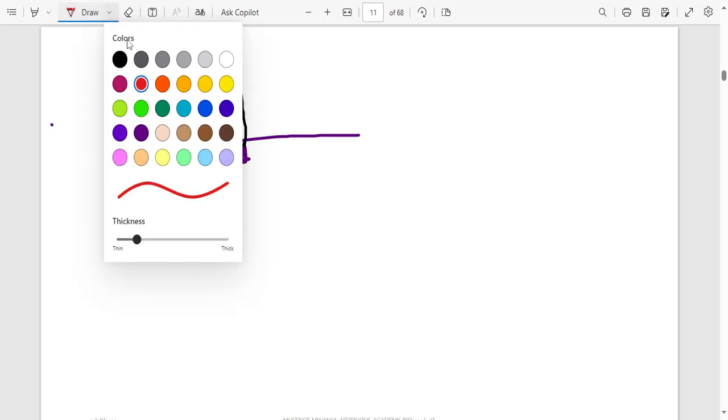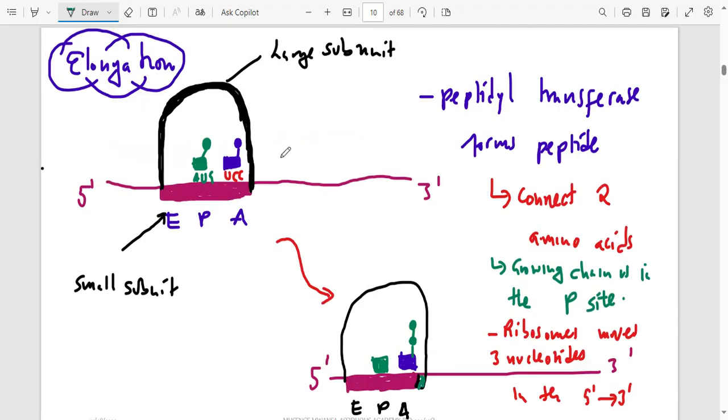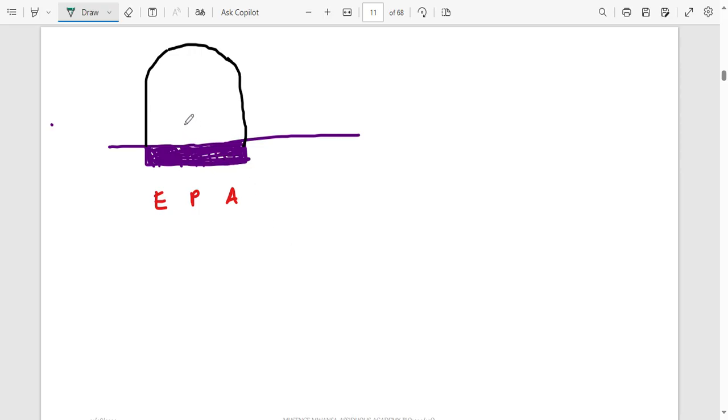Remember, we moved 3 nucleotides in front, meaning that what was in the A site, that's where we add this guy with the 2 bonds, is now going to go to the P site, and what is in the P site goes into the E site. So it is going to now be like this. Okay.